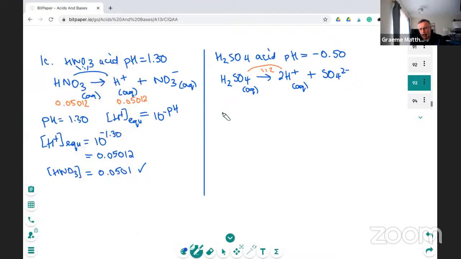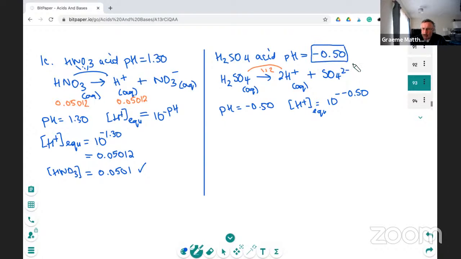So I say pH is equal to negative 0.50. And so my hydrogen ion concentration at equilibrium is equal to 10 to the minus, let me write minus 0.50 a little better. My pH, chemists, was negative.